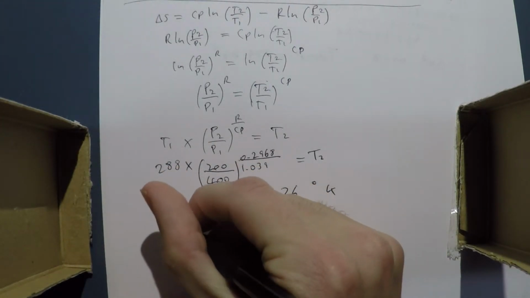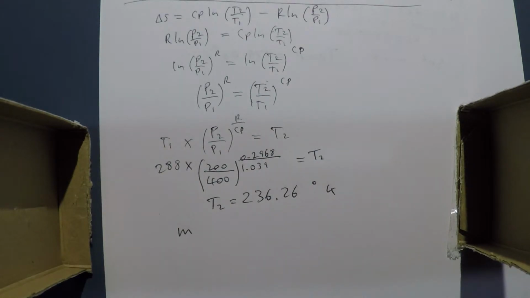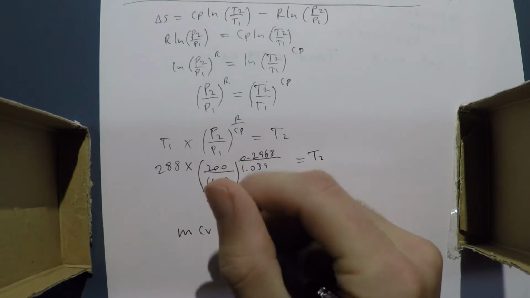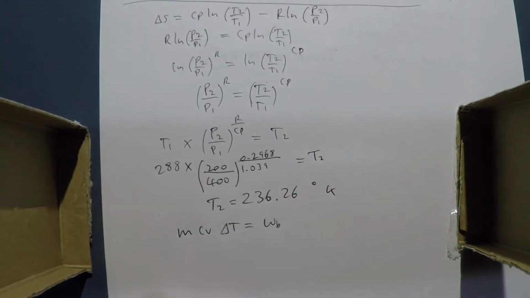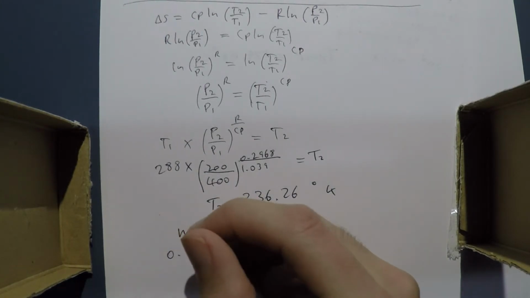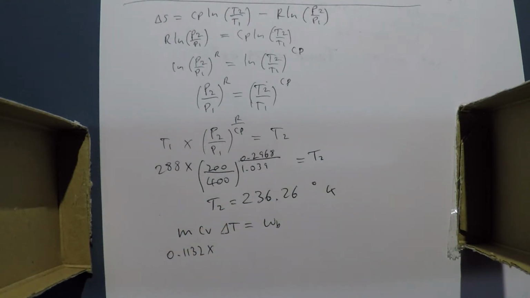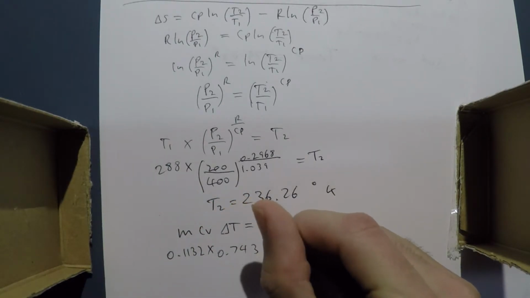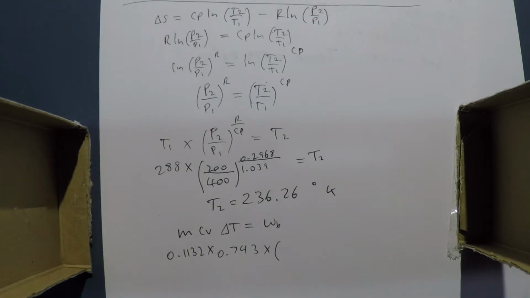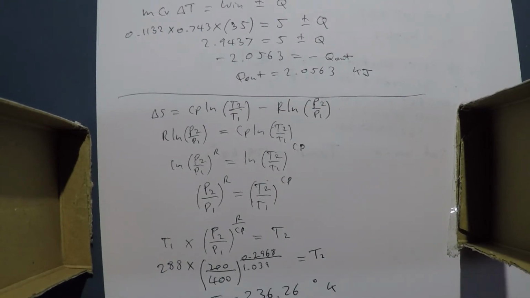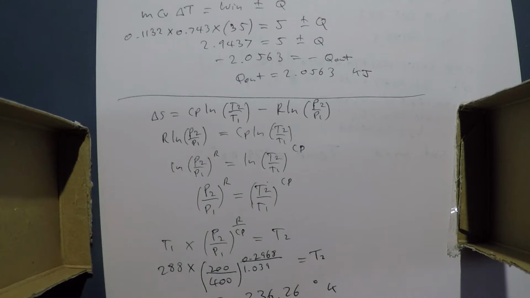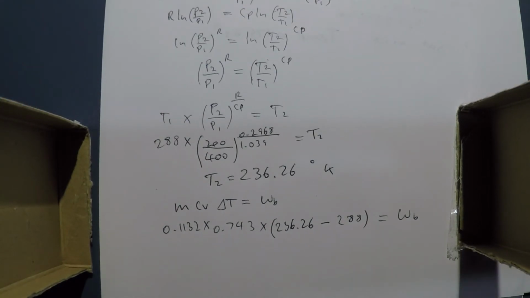So we can write m Cv delta T equals boundary work, Wb, where the mass is 0.1132 multiplied by Cv, which is 0.743, multiplied by delta T, which is 236.26 minus T1, which is 15 degrees, so 288, and equals the boundary work. Okay, now we're just going to put this in our calculator.